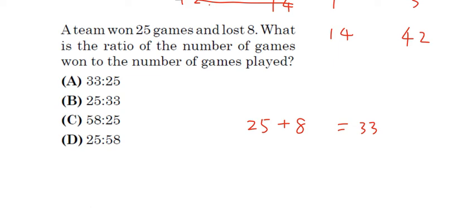So what is the ratio of the number of games won? So games won 25 over the total number 33. The number of games won to the number of games played, right? So the total number is 33.